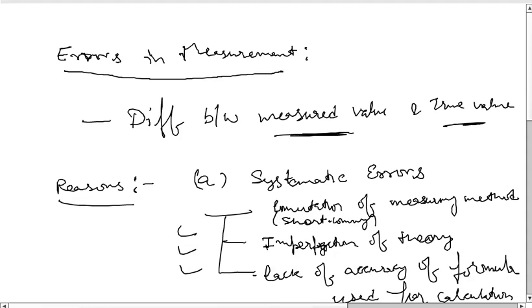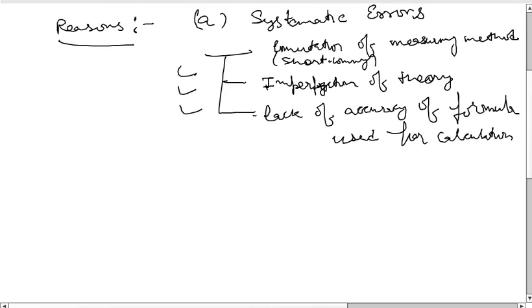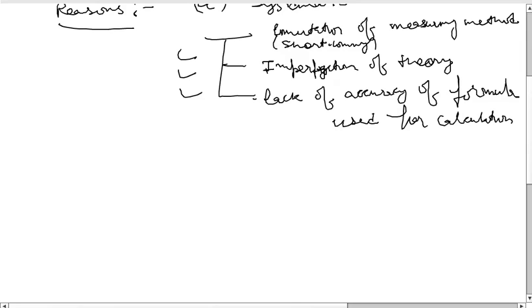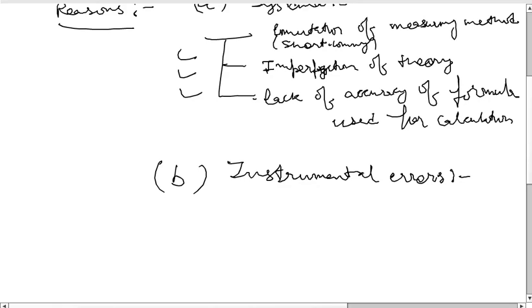Okay. Now, what is the second type of error? The second type of error is instrumental error. For example, when we have our practical exams in government schools, it is a nightmare to conduct them, because in government schools the instruments are always faulty, right?